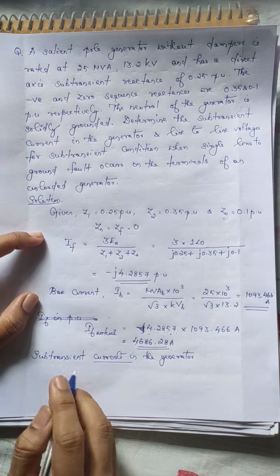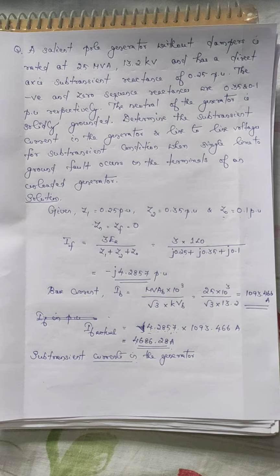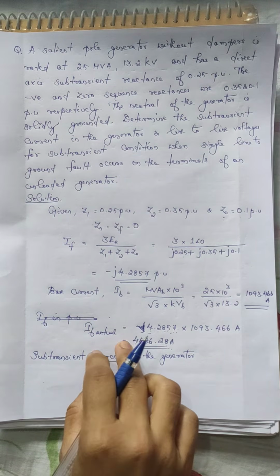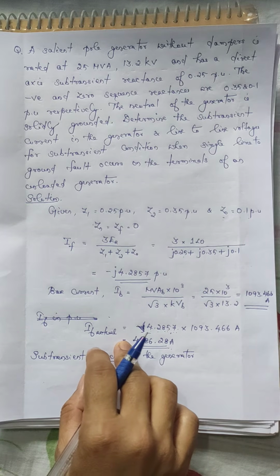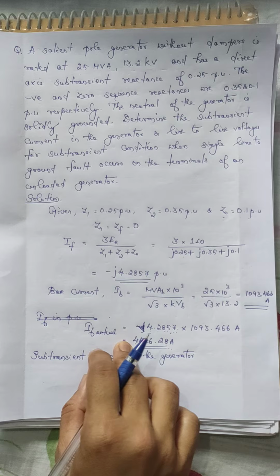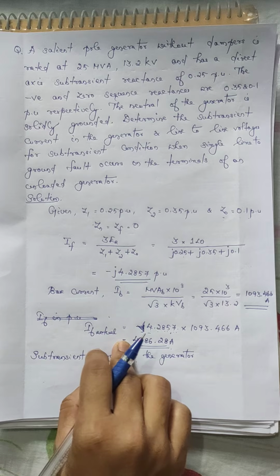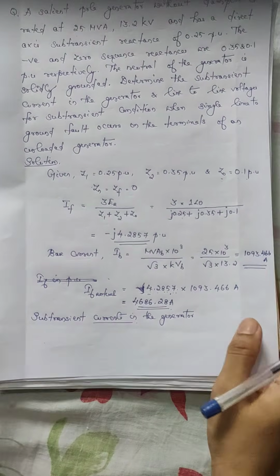If we have to calculate IA, the current through phase A, IA is equal to IA0 plus IA1 plus IA2. So we need to know IA0 only, because for a single line to ground fault, IA0 equal to IA1 equal to IA2. So we need to calculate IA0 only. So how will we get the value of IA0?